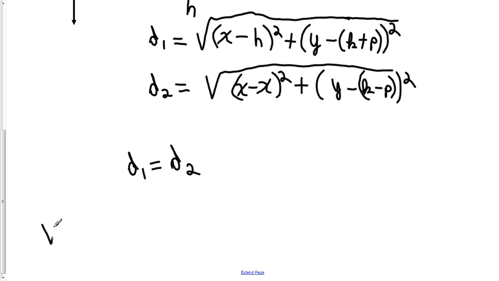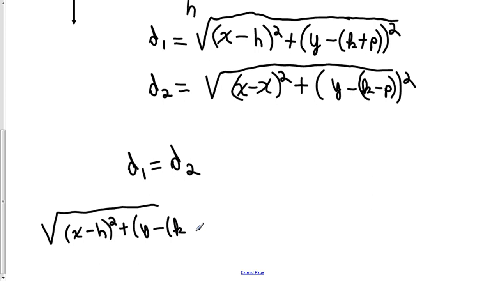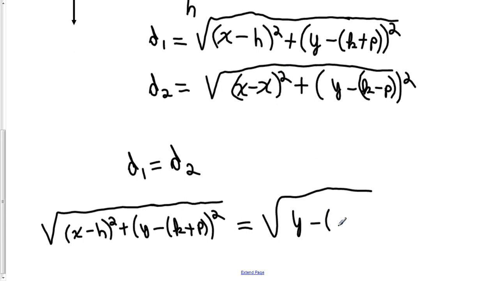So I want to make sure that the square root of x minus h squared plus y minus k plus p squared is equal to the square root of, well, this is going to be 0, so 0 squared, and then this one is just going to be y minus k minus p whole thing squared.